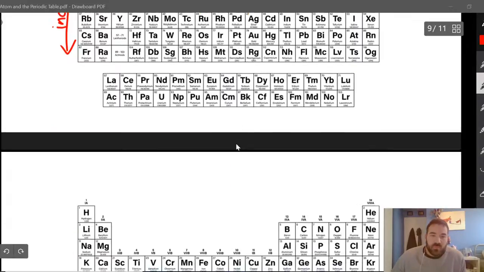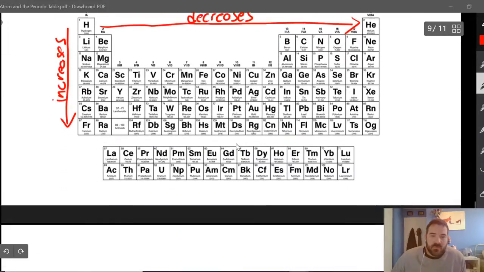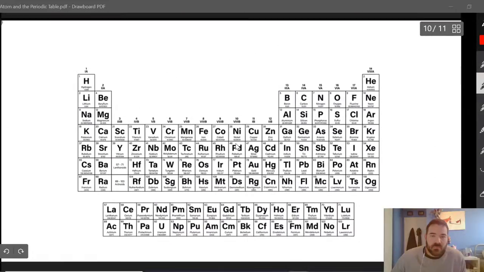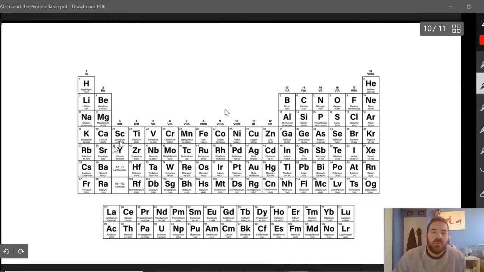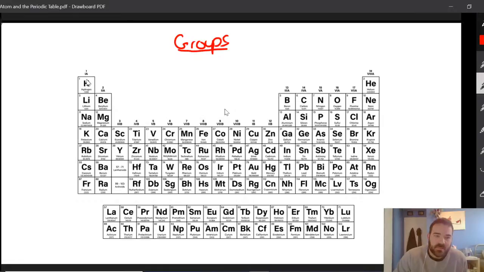Let's review the characteristics of groups and periods. So every atom within a group has the same number of valence electrons.